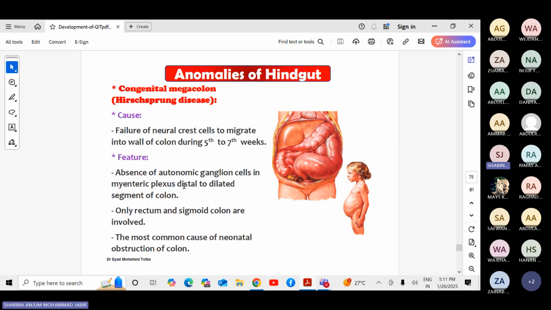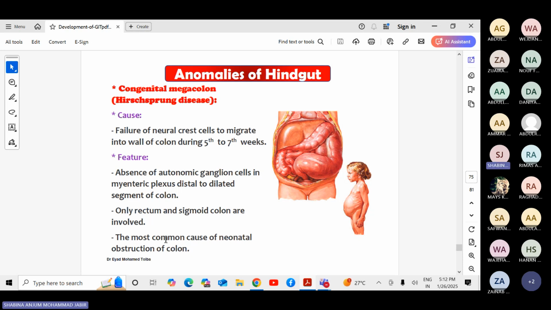This absence will lead to dilatation of a segment of the colon. Not the whole colon, only a small segment may be dilated, usually involving only the rectum and sigmoid colon.